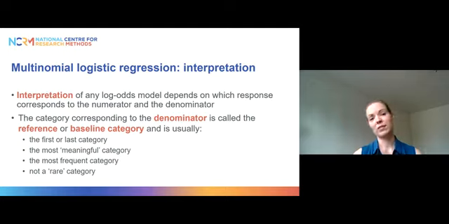It could be the most frequent category, so you just look at which category has the most responses and then you compare everybody else with that. And the only rule that I have against choosing a category is that it's usually not a good idea to choose a rare category as the reference category, because that can lead to inflated odds ratios and difficulties in interpretation of the model.